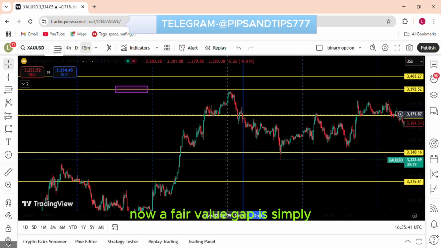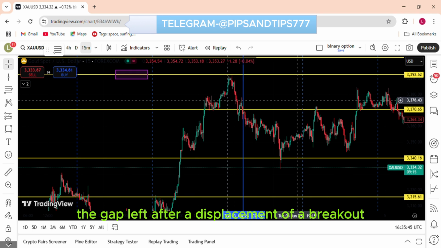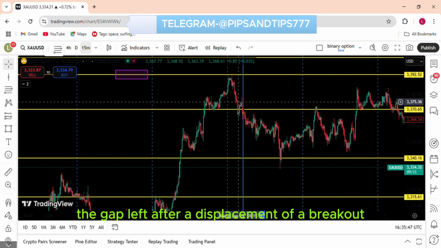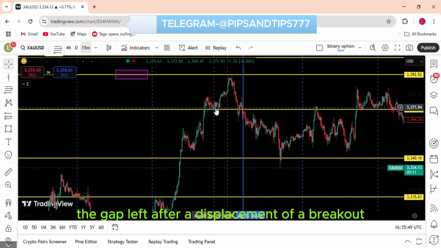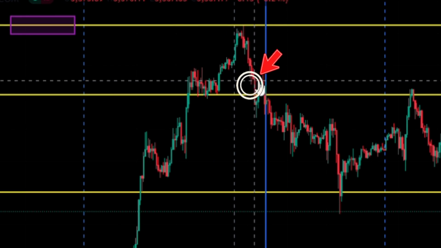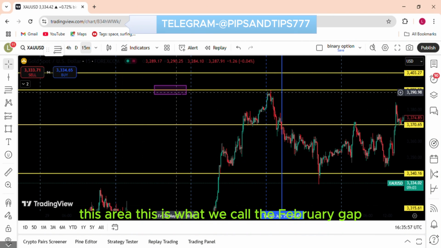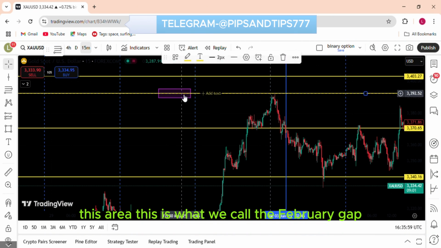Now, a fair value gap is simply the gap left after a displacement of a breakout. So at this point, this long area here, this is what we call the fair value gap.